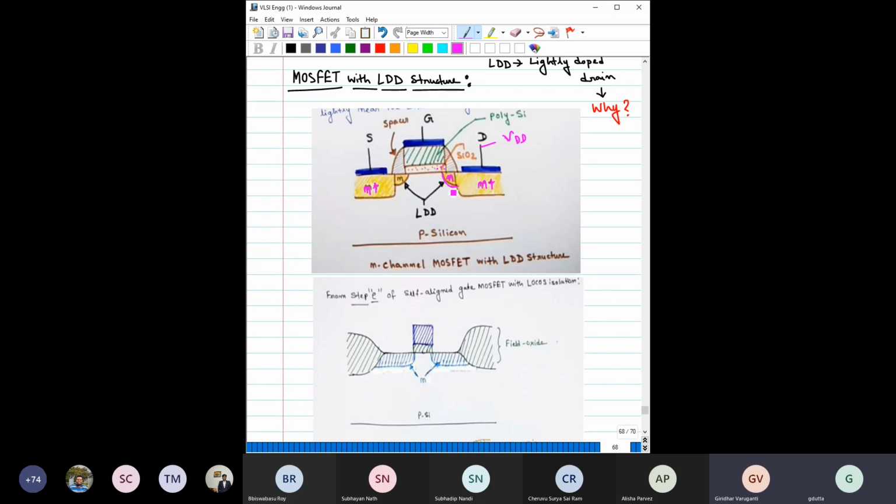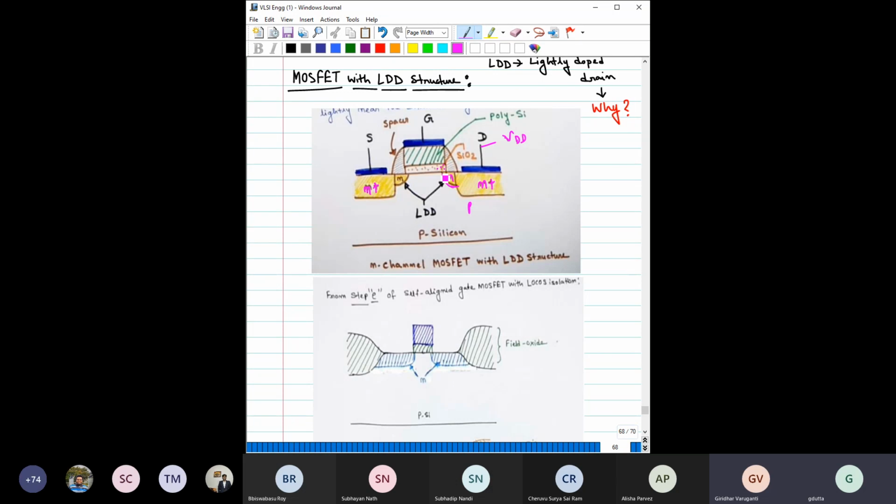The reason is that this is a PN junction, right? So this is N plus, P plus. If you recall your semiconductor physics, when you have a higher doping, you have a higher electric field, right? If you have a lower doping, the electric field reduces. So when you lower the doping, your electric field in this region is substantially reduced.